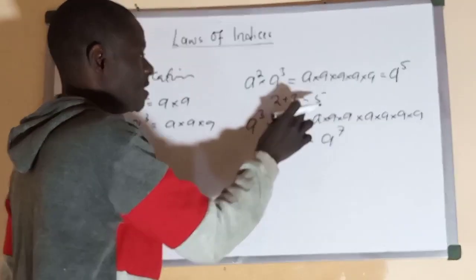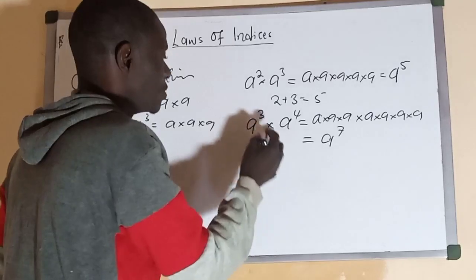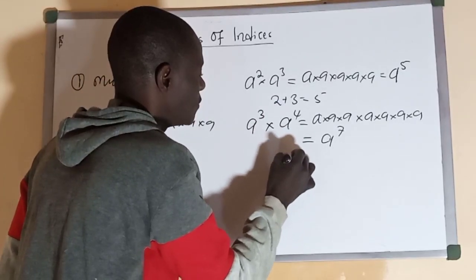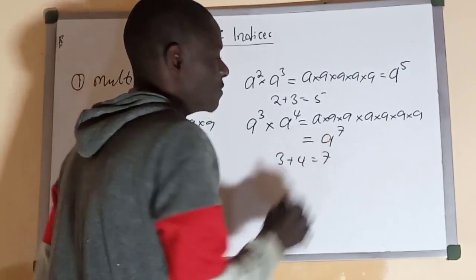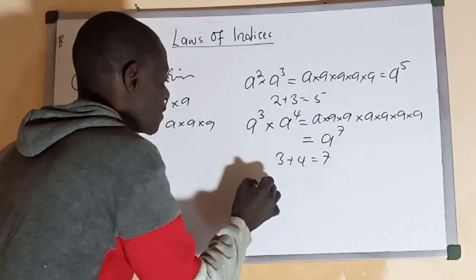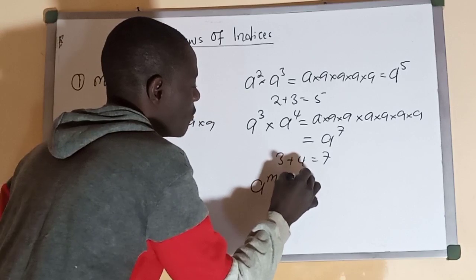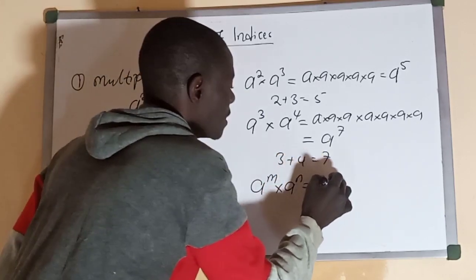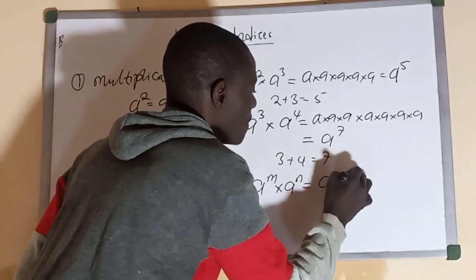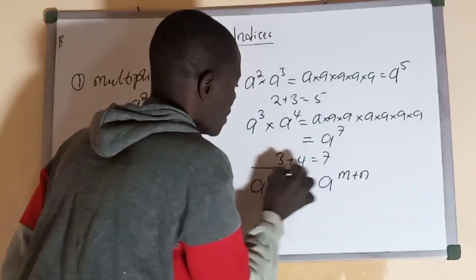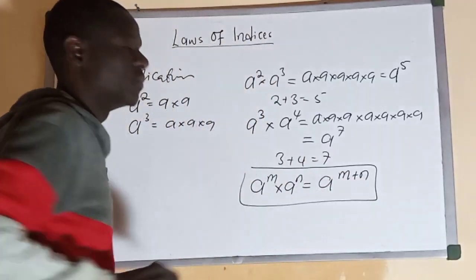So considering the relationship between the powers, you see that we have 3 plus 4, which is equal to 7. So whenever you have a raised to the power of m multiplied by a raised to the power of n, it is the same as a raised to the power of m plus n. This one is called the multiplication law.